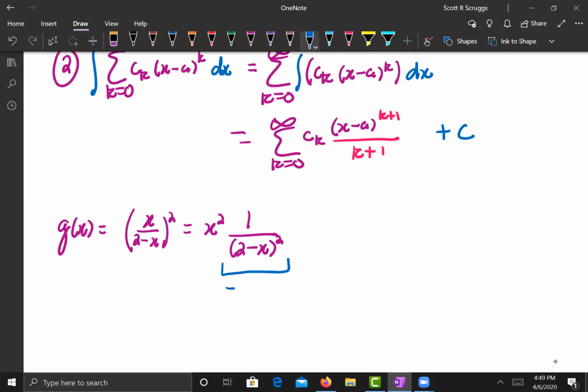And this portion is the derivative of 1 over 2 minus x. Now, that's not a form that I'm used to seeing. So what I need to do is transform it into a power series representation that I know. The way I can do that is I need to transform it into the form 1 over 1 minus x.